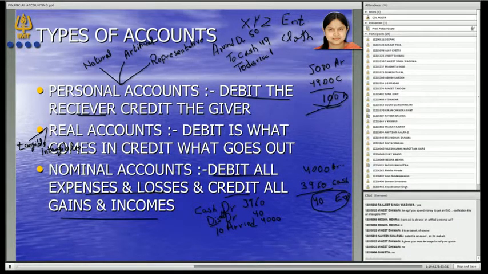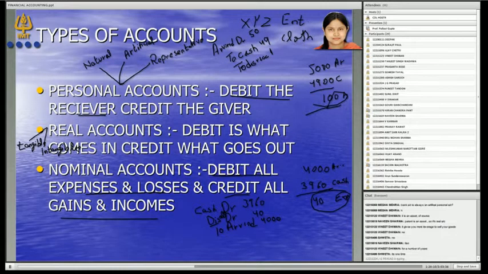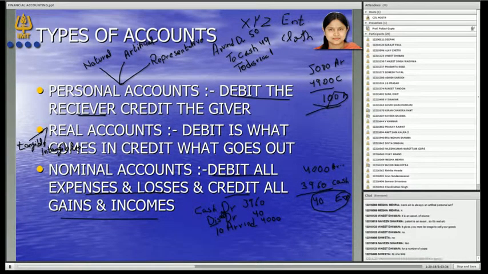Patent is an asset. Yes, it is a real account. If ISO certificate is for a number of years, and you incur a heavy expenditure on it, it should be an asset, an intangible asset.